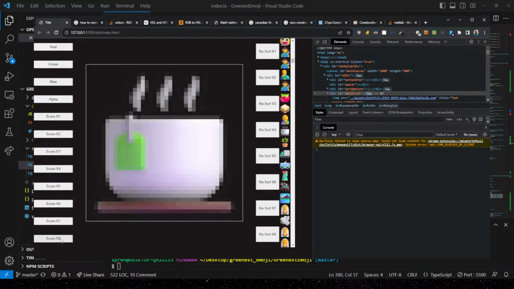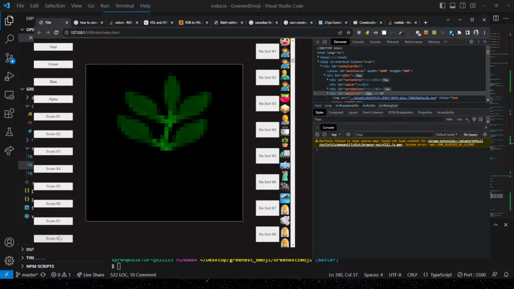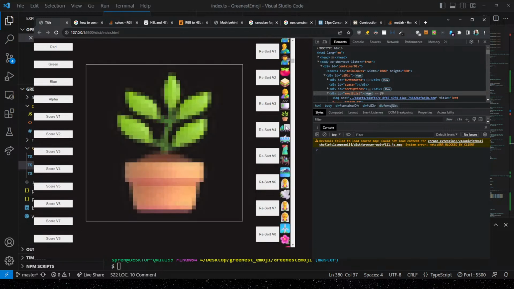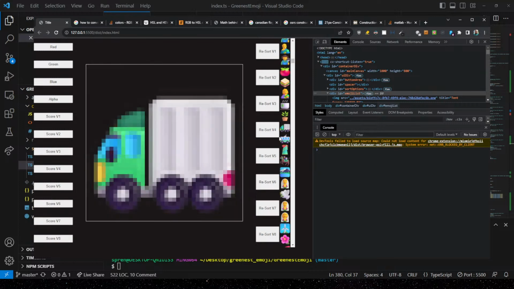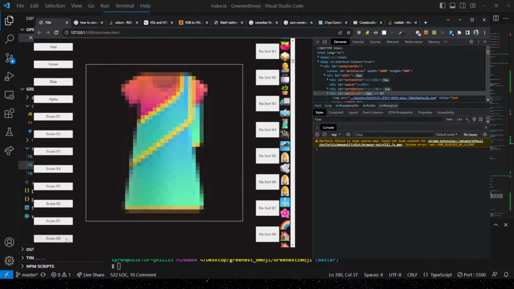Yep. The T handle is green. Yeah, okay. I can see that a little bit.